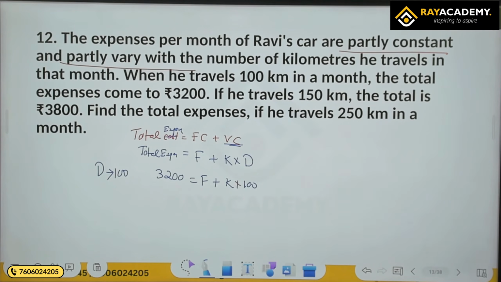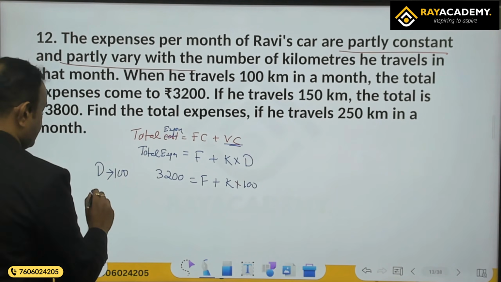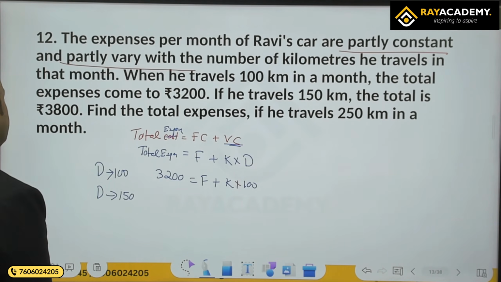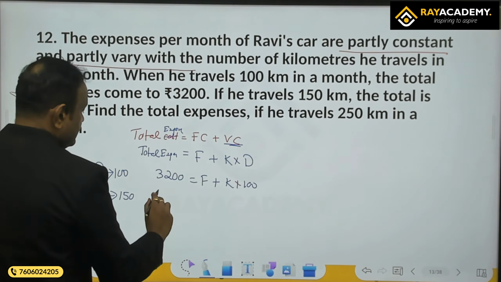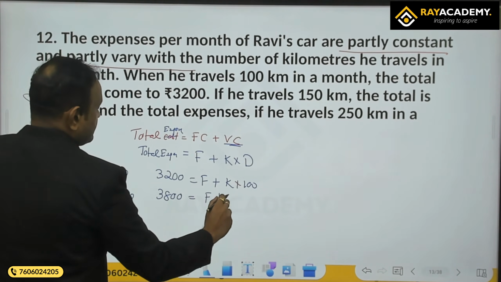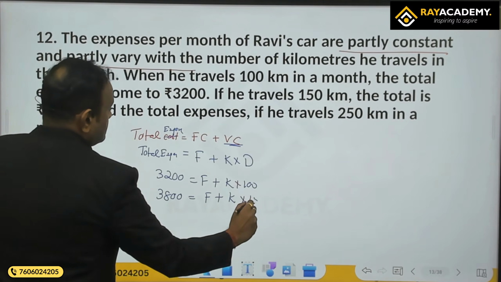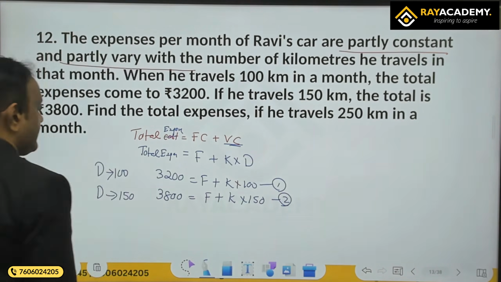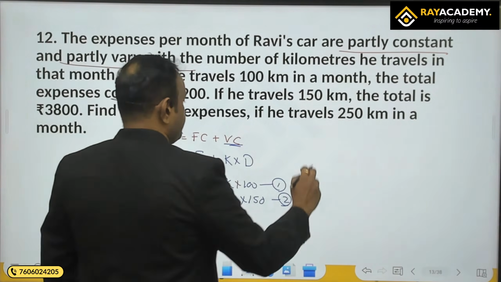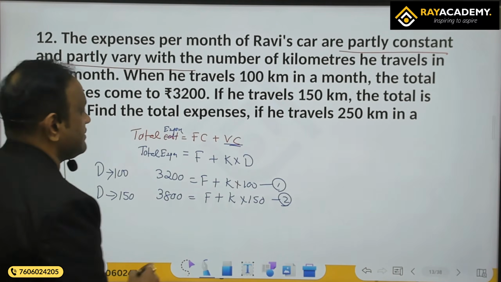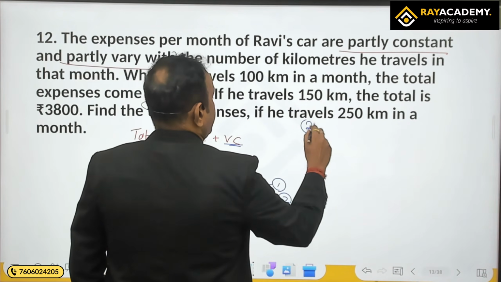If he travels 150 kilometers, when d becomes 150, the total is 3800. So 3800 is f plus k into 150. Now we have to solve for f and k. First let's do equation 2 minus 1.